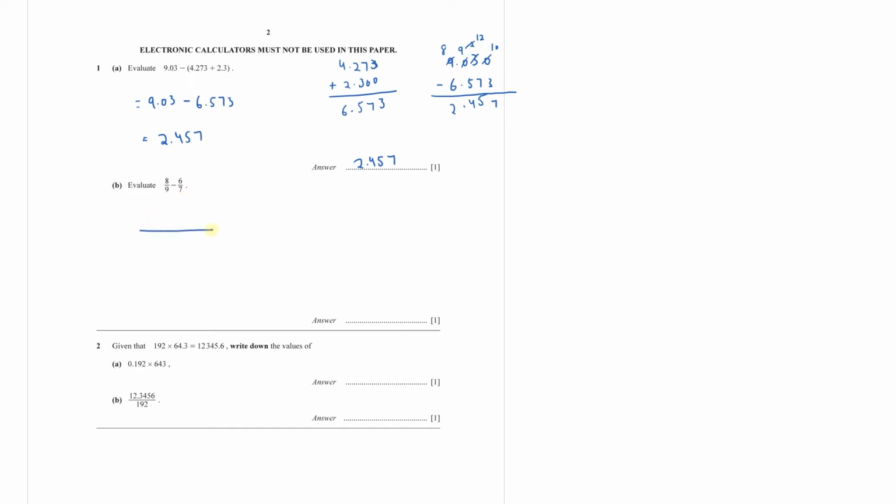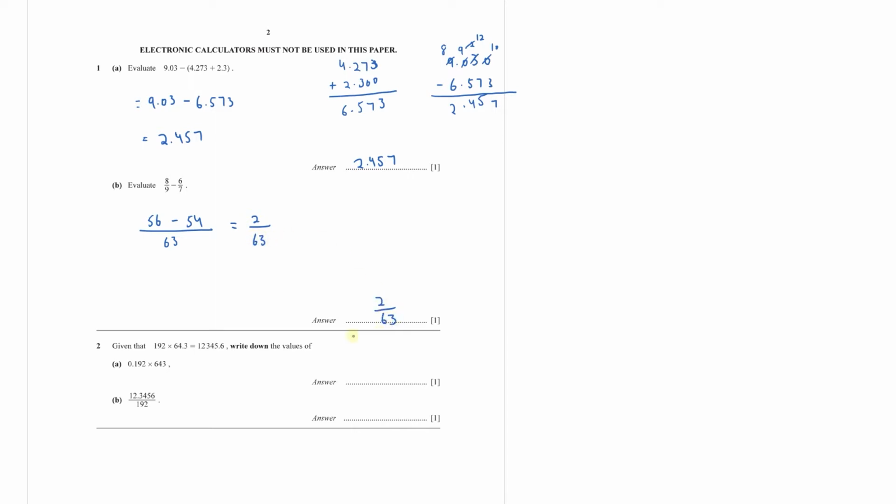You take the LCM of 9 and 7, which would be 63. Since you multiplied 9 by 7, you multiply 8 by 7 as well. So 8 times 7 is 56, minus 6 times 9 is 54. So you get 2 over 63.